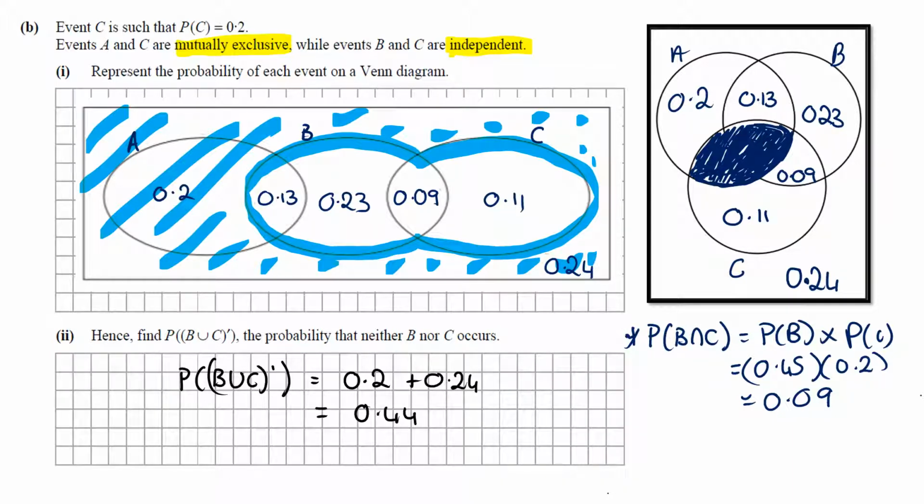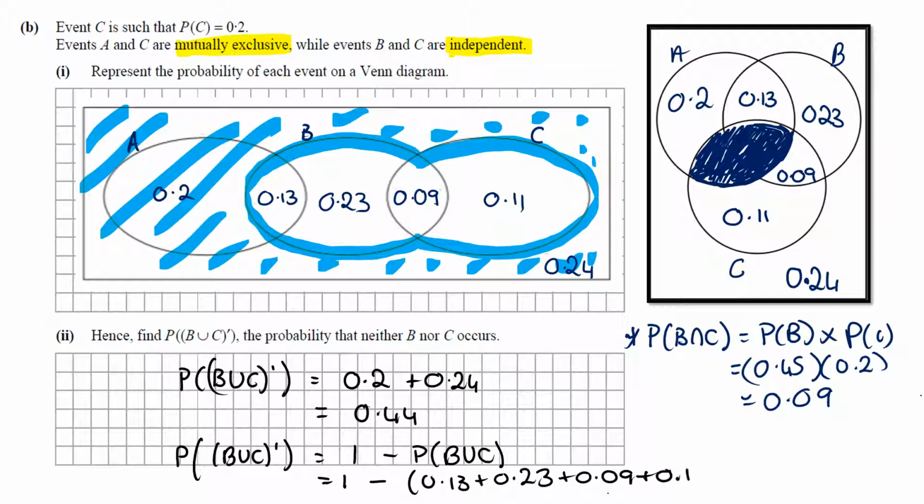Another way that you could have done it is the probability of B union C complement is equal to 1 minus the probability of B union C, which is equal to 1 minus (0.13 plus 0.23 plus 0.09 plus 0.11), and that would also give us the same answer. So both methods are absolutely fine, but given that we had the Venn diagram, it would make sense to use it.